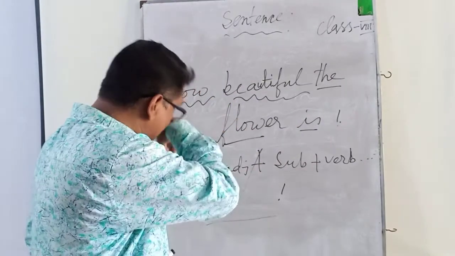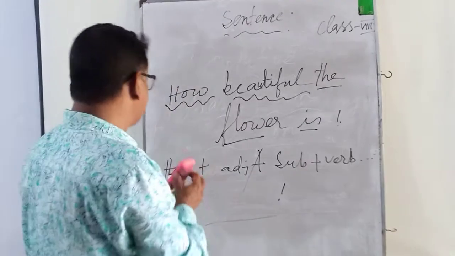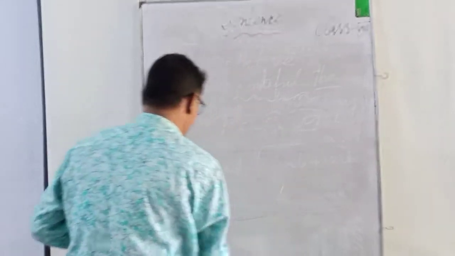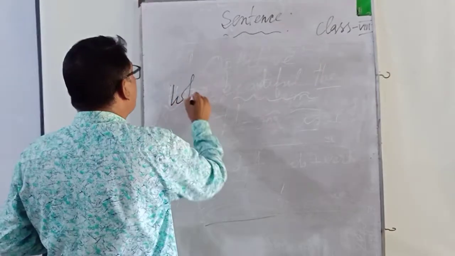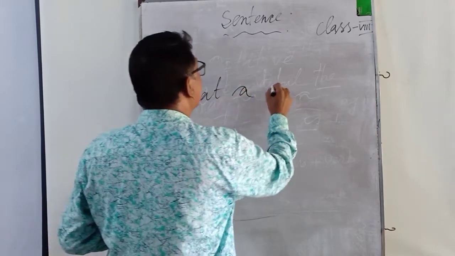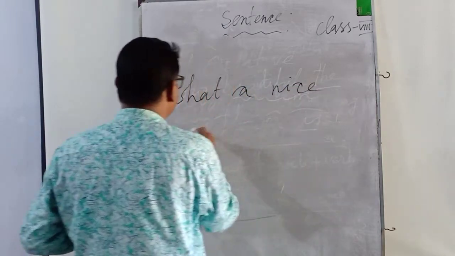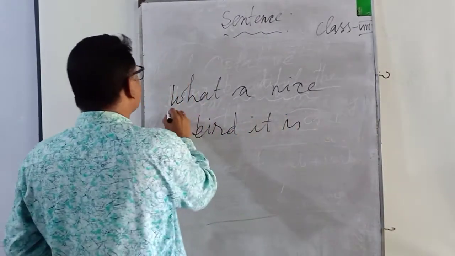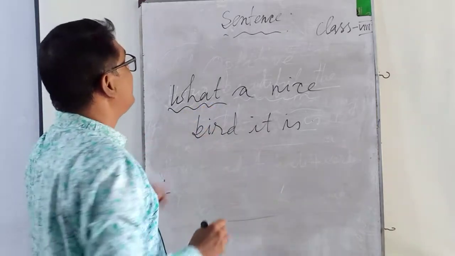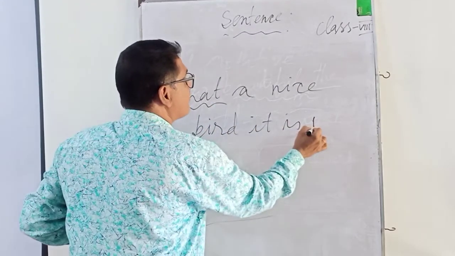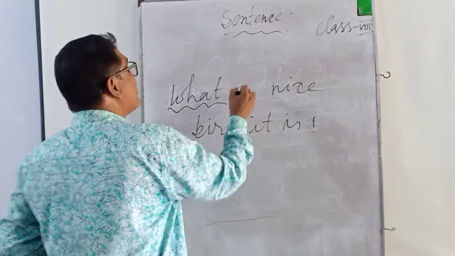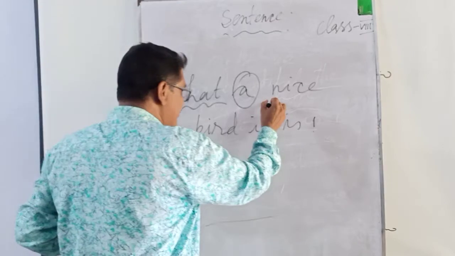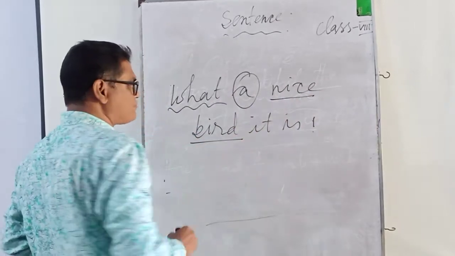You can write an exclamatory sentence in another way. What a nice bird it is. When you use what, last of all there is a note of exclamation. You have to use a or an, because after that there is a noun phrase, nice bird.